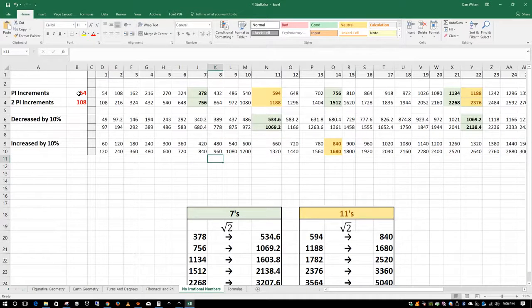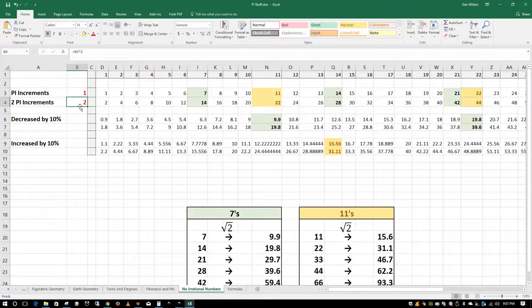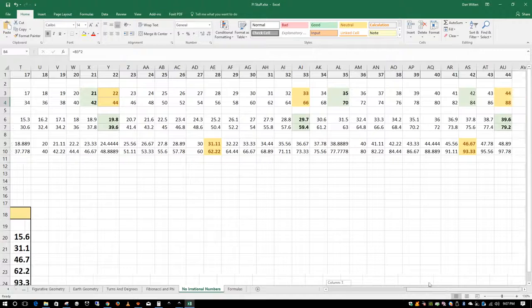And one more thing I wanted to show you, and I'll let you go, is if we take a look at these irrational numbers here, and we just use something simple like 1, and we let that be the pi increments, then what happens when you decrease these numbers by 10% is it kind of brings these numbers alive. When you get all the way down here, what you find out is that these same numbers, like 594, which squared is 756, falls under the 33 mark.